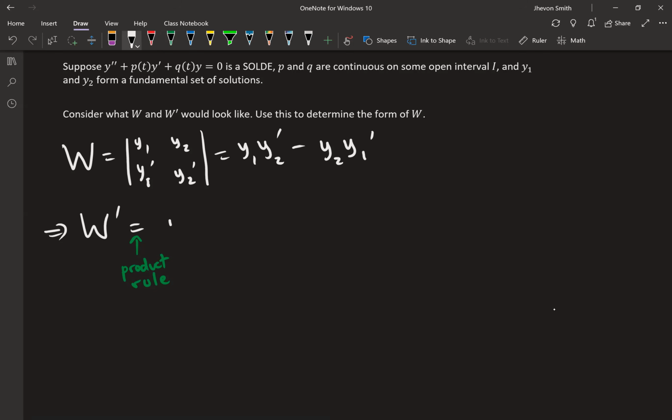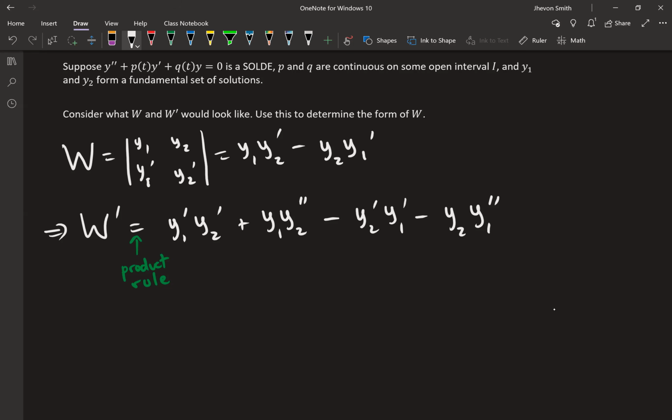So I'm going to find the derivative of y1, leave the derivative of y2, plus leave y1, find the derivative of y2 prime, which is y2 double prime, minus differentiate the y2, leave the y1 prime, minus leave the y2, differentiate the y1 prime to get y1 double prime.